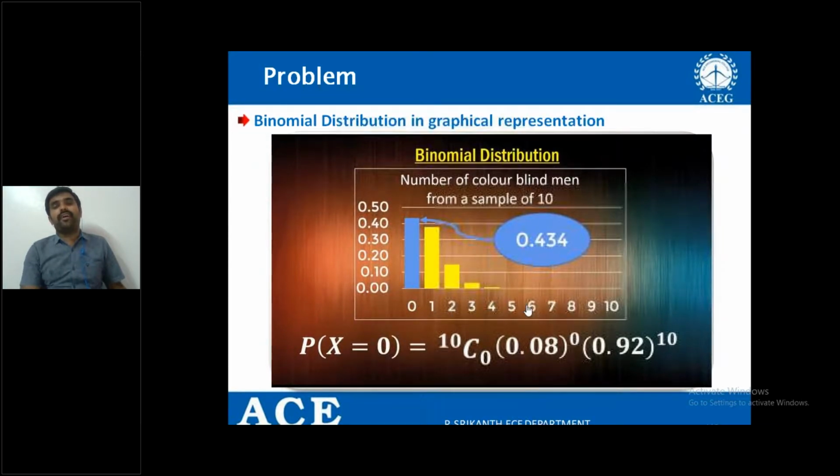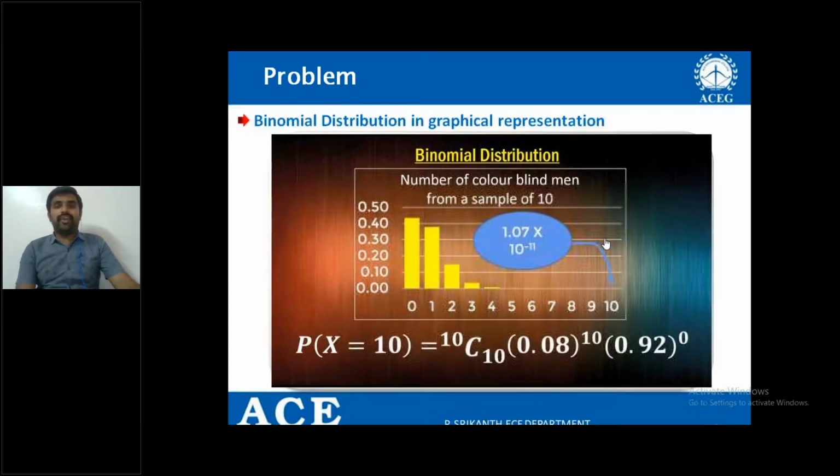By representing all of them, I can represent the binomial function, the probability function, right? So how the probability is distributed, right? Here, for example, 10 members with color blindness.